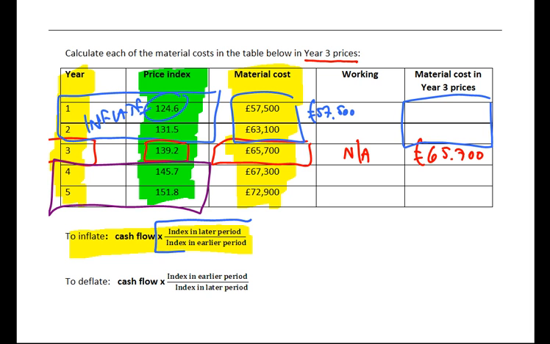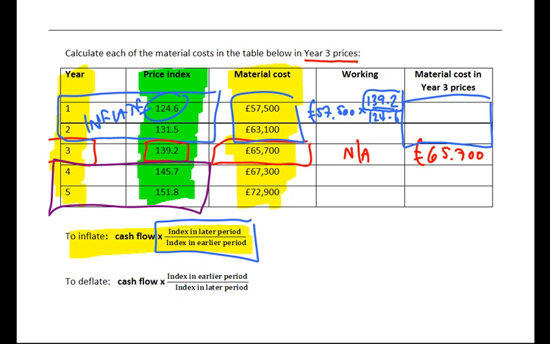So what we're then going to do is multiply by the index in the later period, which is the year 3 index that we're trying to get everything in terms of, divided by the index in the earlier period, which is the 124.6 for year 1. Now, what you'll hopefully notice is that when we're inflating figures, when we're trying to increase earlier years' costs, can you see we're putting the higher index figure at the top of the formula, which should mean we end up with a higher resulting figure.